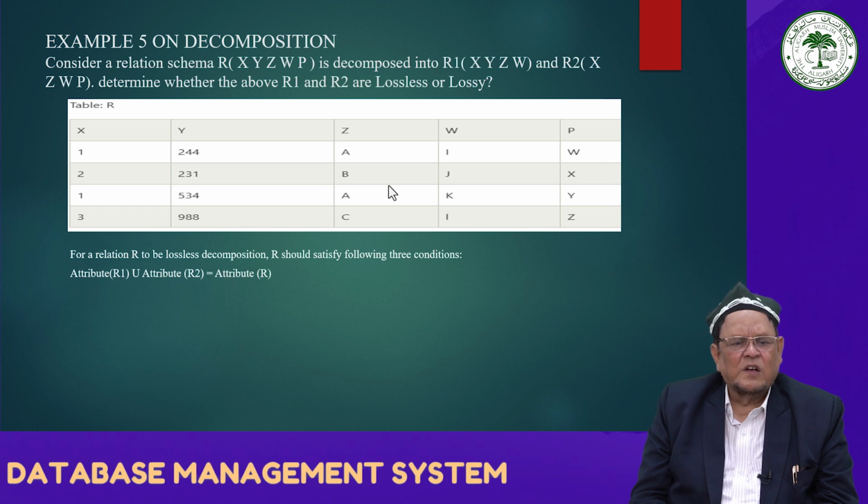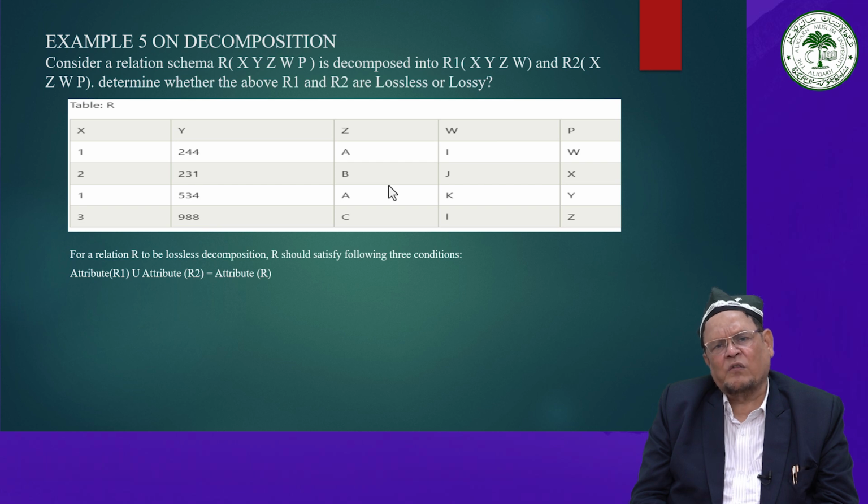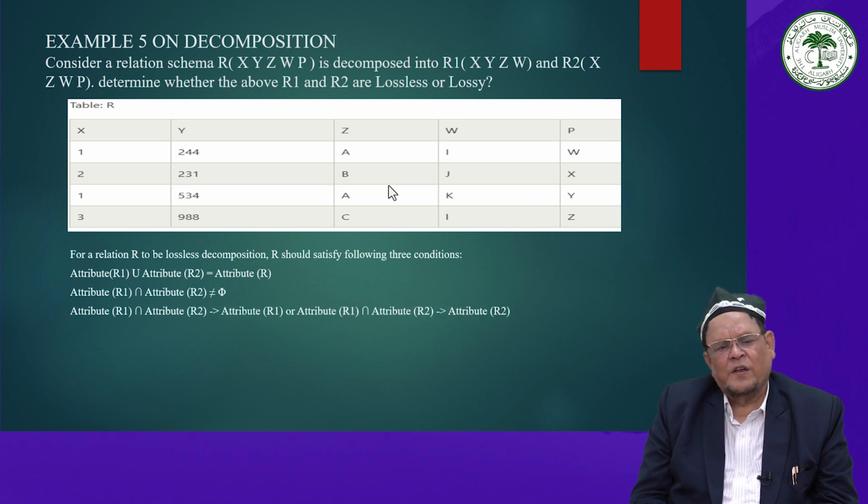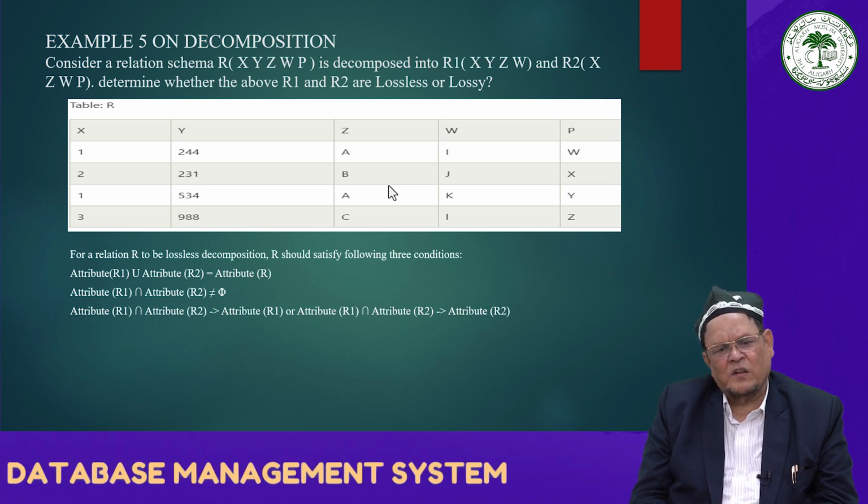First condition, attributes of R1 union R2 must be equal to attributes of R. Second, the intersection of R1 and R2 must not be phi. And third, the intersection of the attributes of R1 and R2 determined by functional dependencies must determine the attributes of R1 or R2.